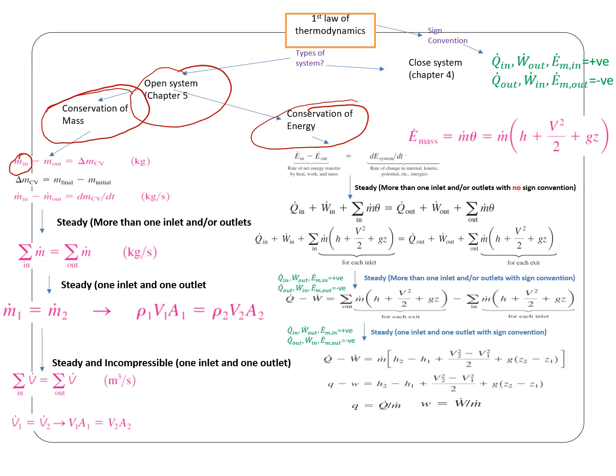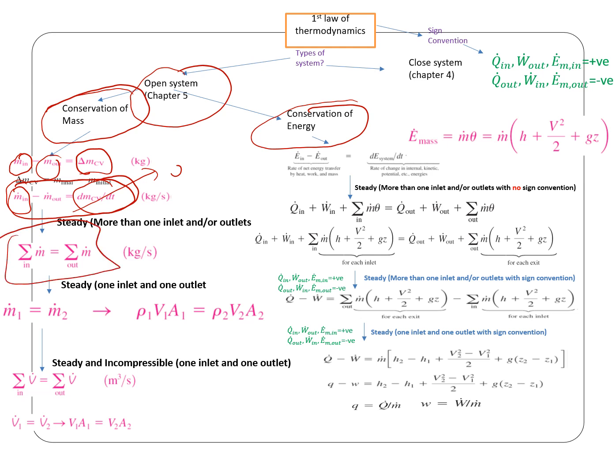Instead of energy, you have mass in and mass out, and change in mass in the control volume. Usually the power form of the energy equation is used for open systems. So this is the mass flow rate in kg per second, and this is the change in mass in the control volume. If it is a steady case, this part will go away.